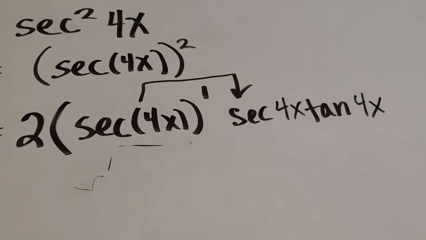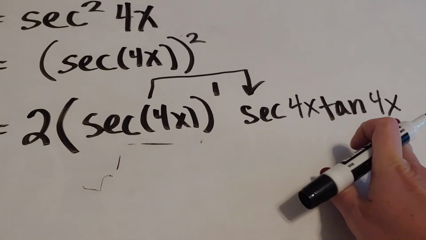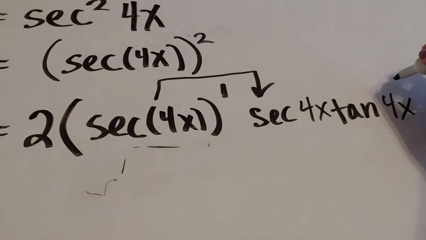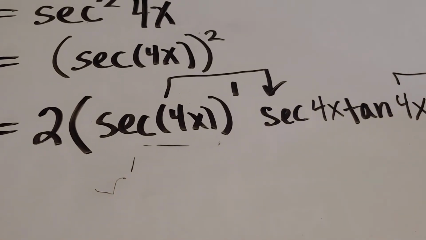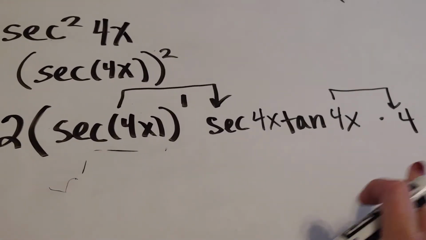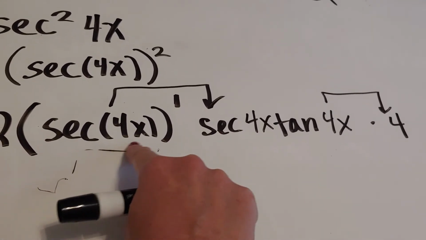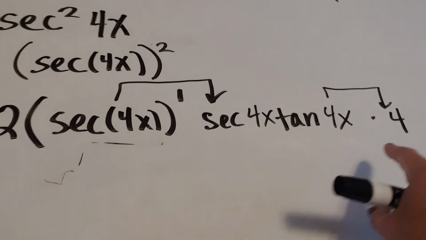Tricky, right? Okay, so this is the inside that I'm leaving alone. All right, but I still have to take the derivative of 4x, so the derivative of 4x is 4. Now you only have to take the derivative of 4x once because the inside's only once. So the derivative of 4x is just that 4.